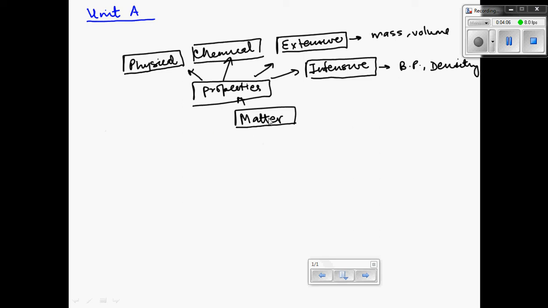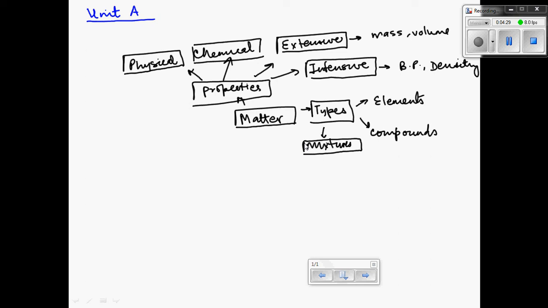Moving on here, let's talk about the types of matter. So the types of matter, we have elements, we have compounds, and we have mixtures. Elements are the simplest types of substances, and I do call you elements because you guys make up my world in the classroom.